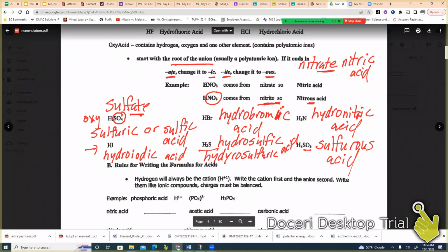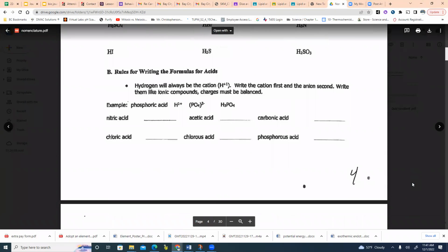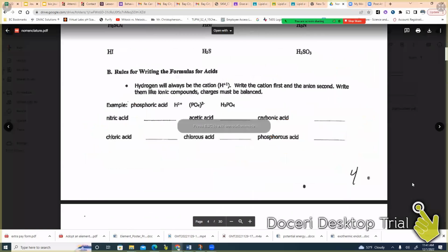So now we're going to go the other way. If I have the name, how am I going to write the formula? The only positive ion, the only cation that you're working with, is always going to be the H plus. Your second ion, the anion, is going to depend on whether it's a binary or an oxyacid.